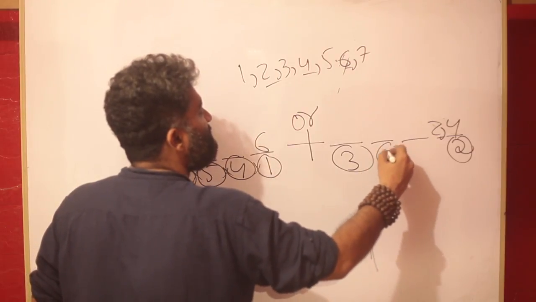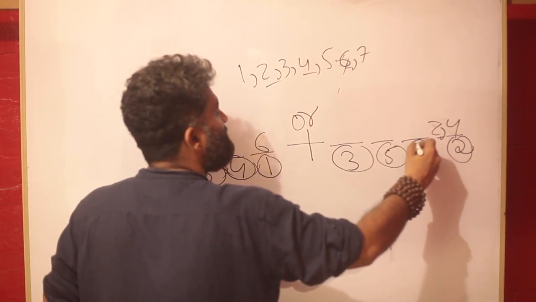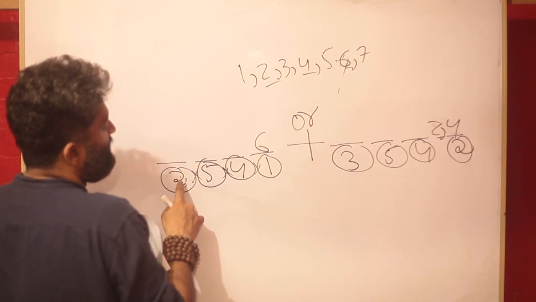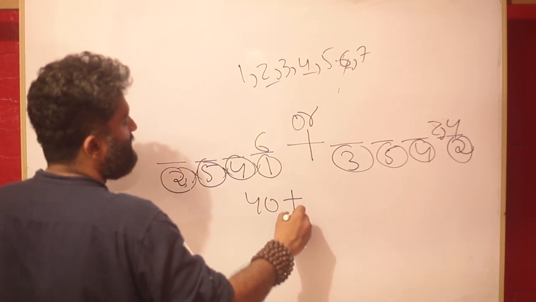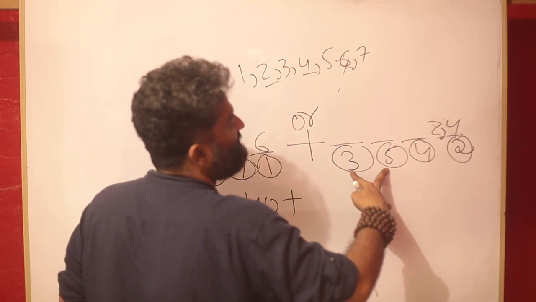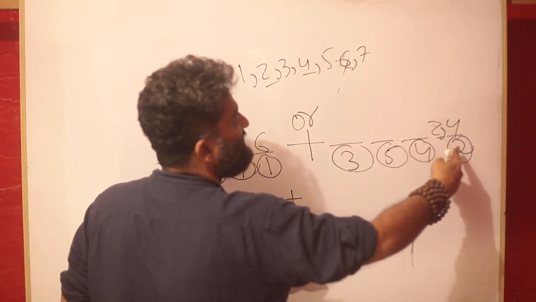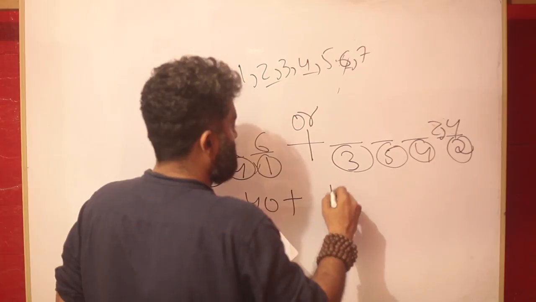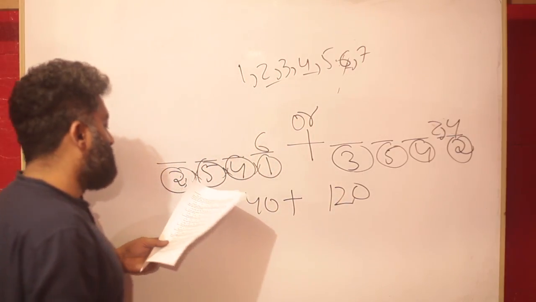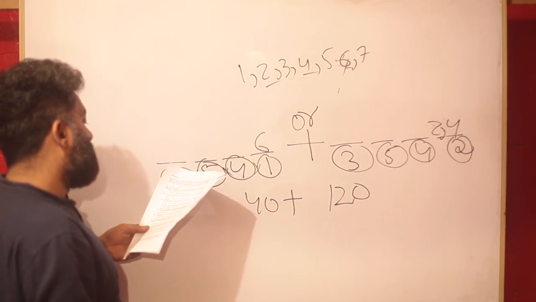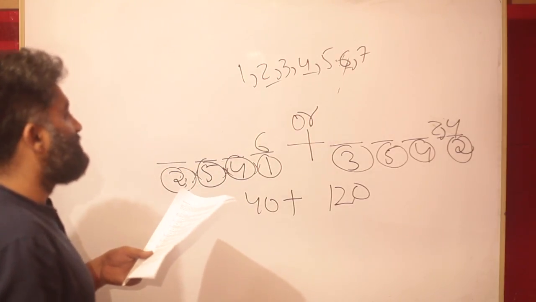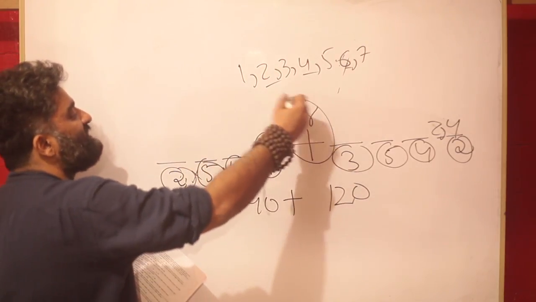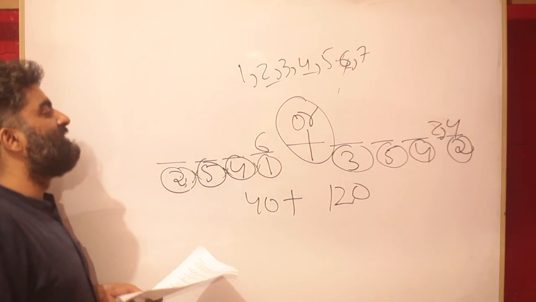How many are we left with? 5 ways, and then again 4 ways. So 2 into 5 into 4, 40, plus 3 into 5, 15 into 4, 60 into 2, 120. So 120 plus 40 should be your answer. Option B, right? So this is question number 3, and again using the OR to resolve a difficult situation.